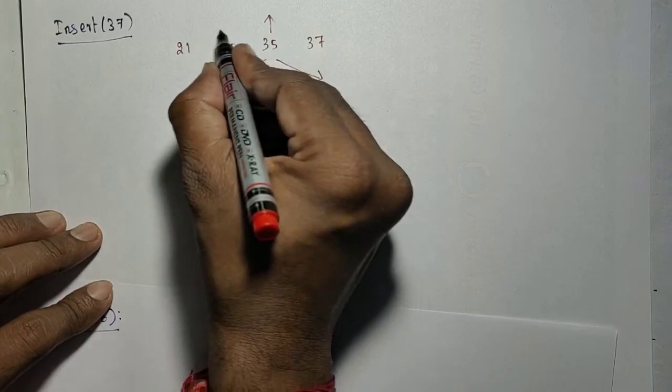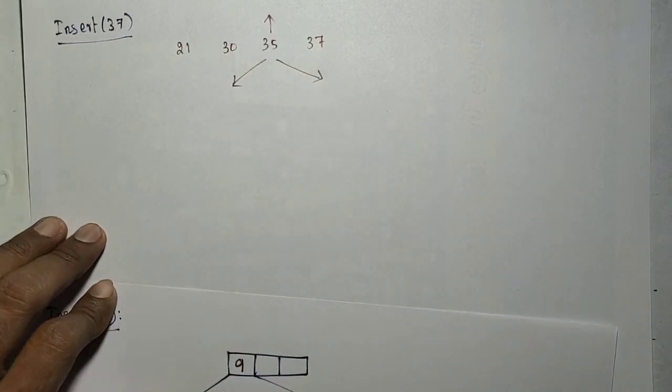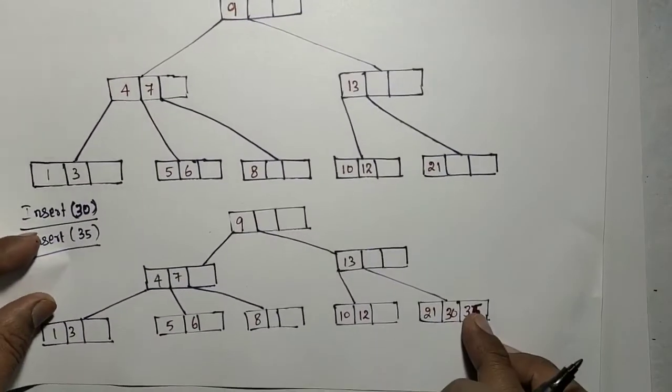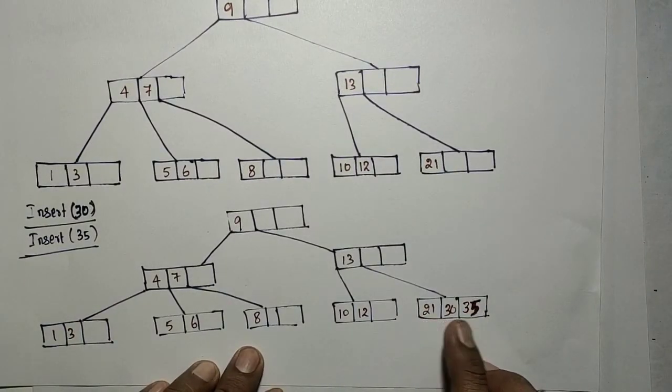Left of the 35 is 21, 30, right is 37. So this node is split into two nodes, 21, 30 and 37.